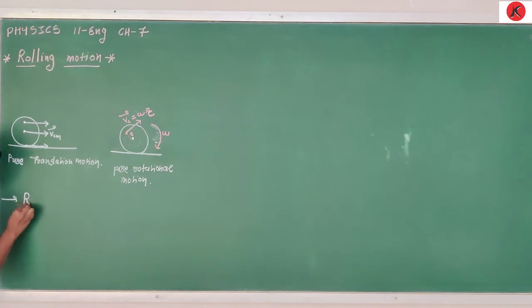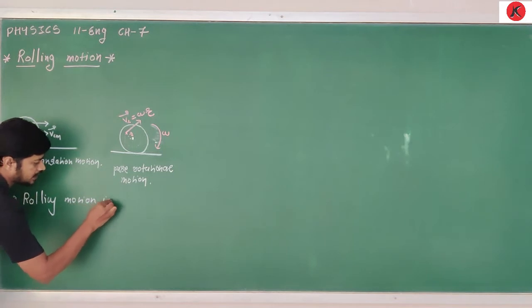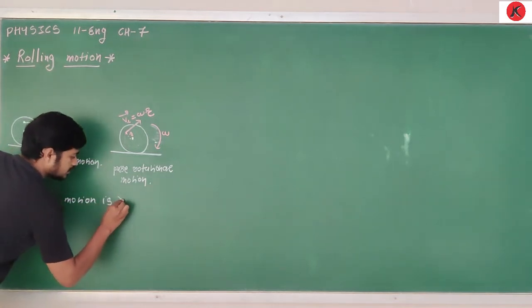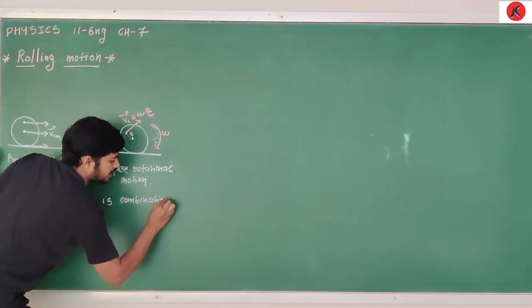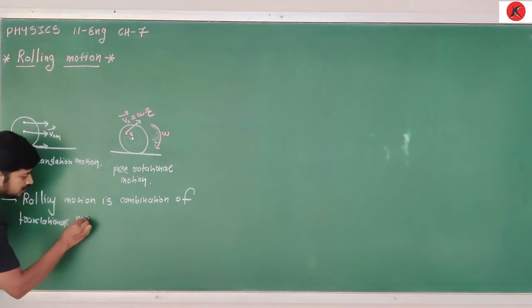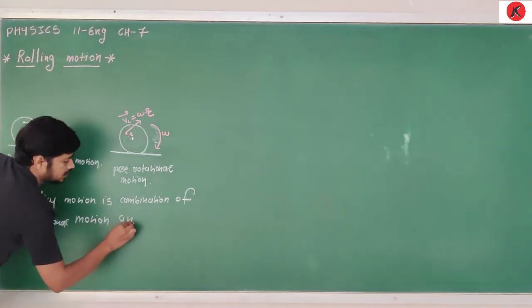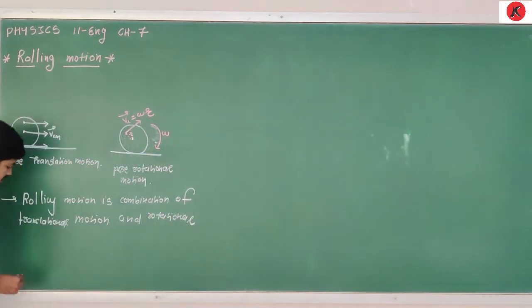Rolling motion is a combination of translational motion and rotational motion. So this one point you have to remember. If these two motions combine, then it forms rolling motion.